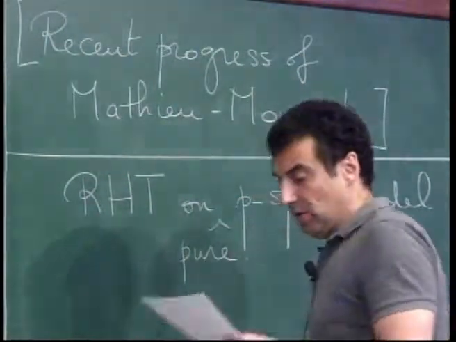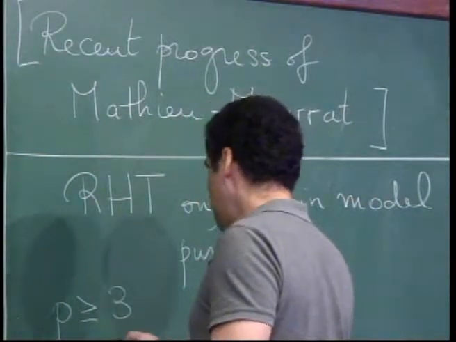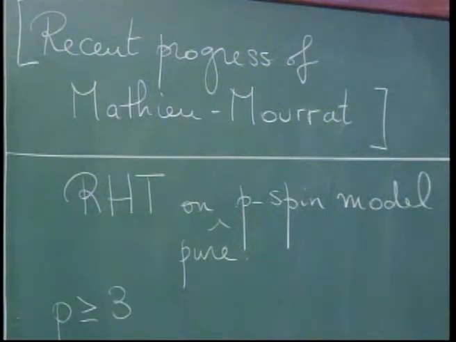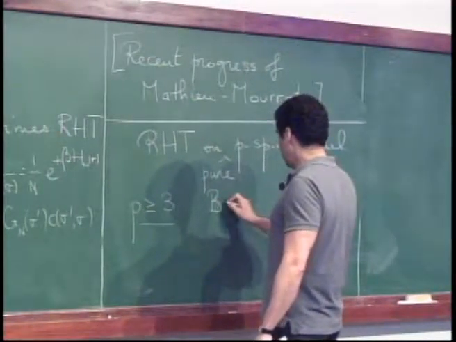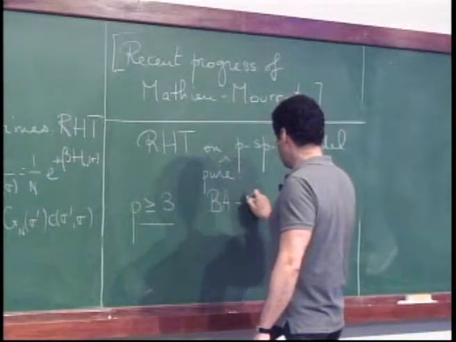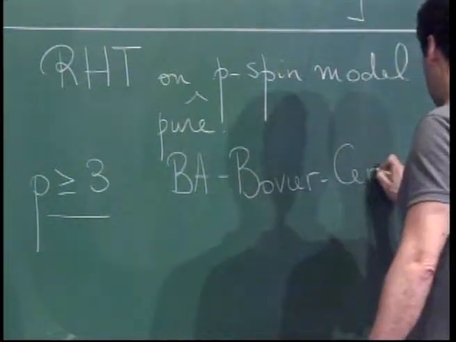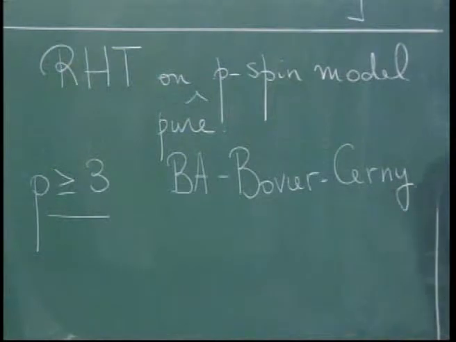I'll take here a pure p-spin model with p larger or equal to 3. What I'm saying is not valid for p equal 2, which is Sherrington-Kirkpatrick. There is something else that I will mention later for p equal to 2. For p larger or equal to 3, this has been proven by Anton Bouvier and Jiří Černý, some time ago now, maybe 5 years ago.